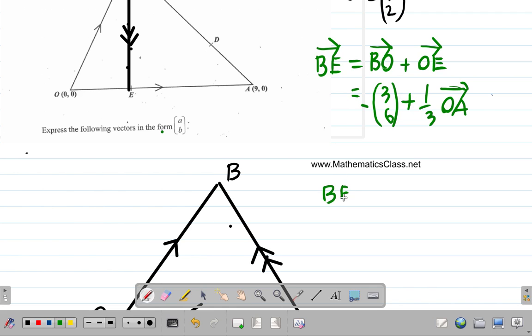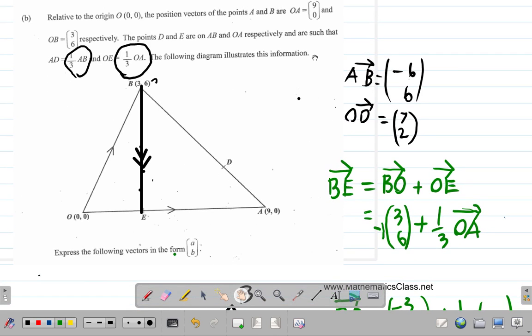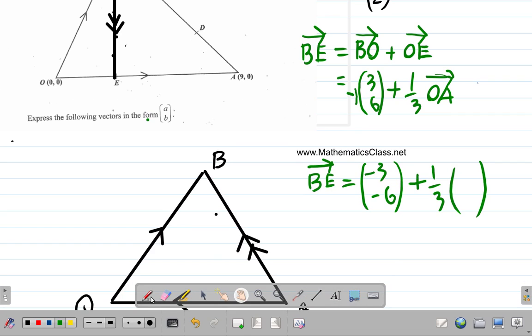So BE is equal to BO. We can have the negative multiply each term inside the brackets. It's like -1 multiply everything. So it's (-3, -6) plus 1/3 OA. And OA is what again? It's (9, 0). So it's 1/3 of (9, 0).